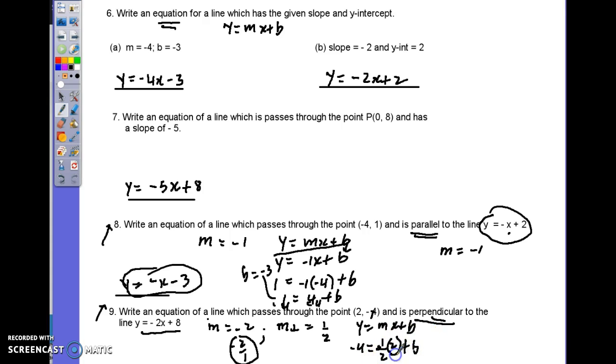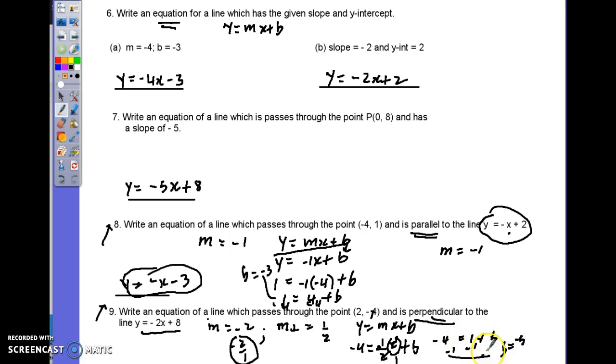So we can cancel this down and multiply. 1 times 1 is 1, 1 times 1 is 1. So we're going to have negative 4 is equal to 1 plus b. Subtract 1, subtract 1. b equals negative 5.